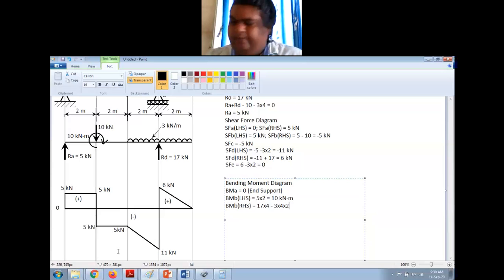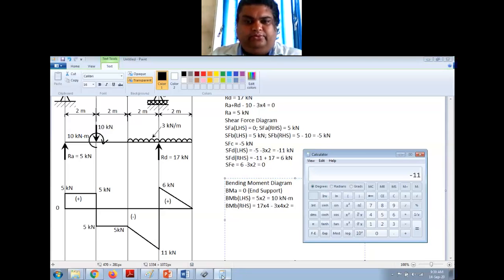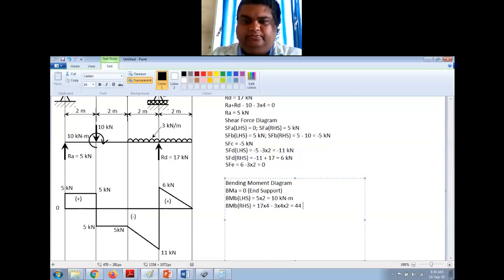So this is equal to 17 into 4 minus 3 into 4 into 2. That is 44 kilonewton meter. Alright. Now let us go to point C. Now at all other points it will be only one bending moment, so you don't have to worry.